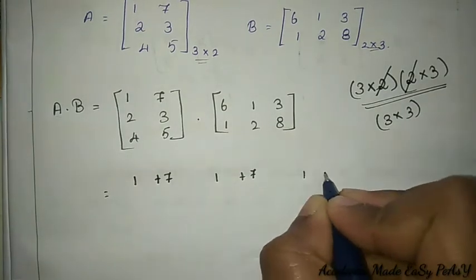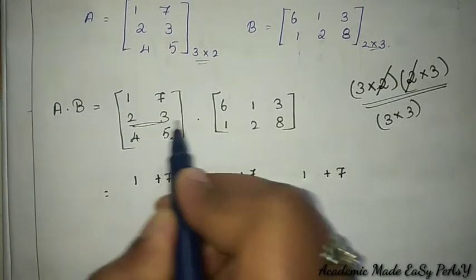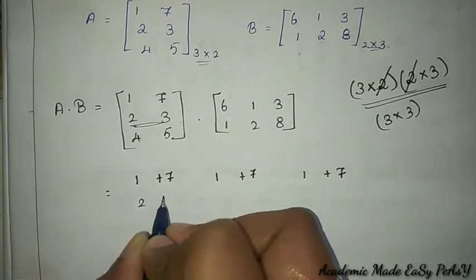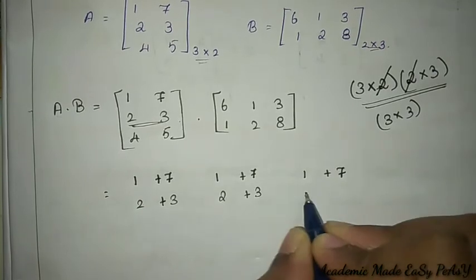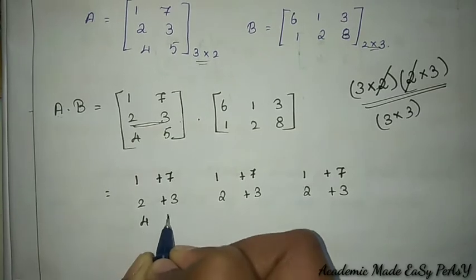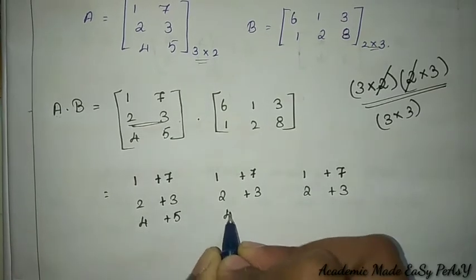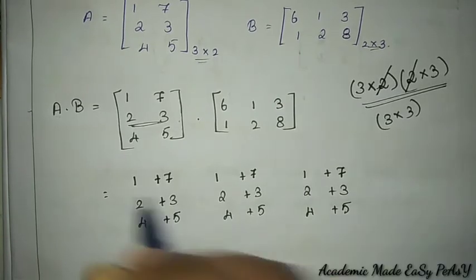So 1 plus 7. Next I will go to the second row, which is 2 plus 3, 2 plus 3, 2 plus 3. Next I will write 4 plus 5, 4 plus 5, 4 plus 5.